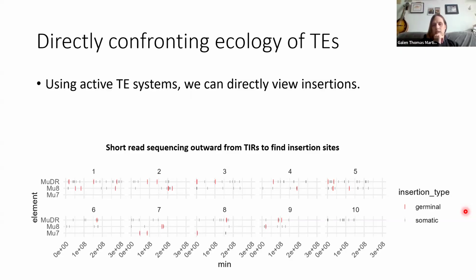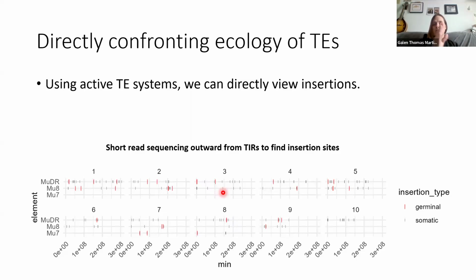And so this is a representation of some of my data showing the autonomous elements, MuDR, and a couple of the non-autonomous, hangers-on, Mu8 and Mu7, and their insertions in one particular family. This was just an outcross between a mu-active family and a regular B73.